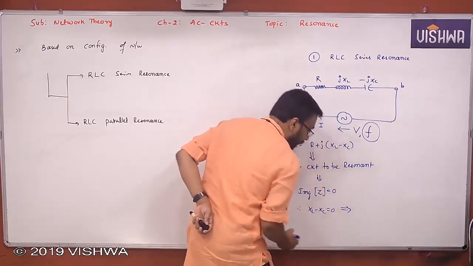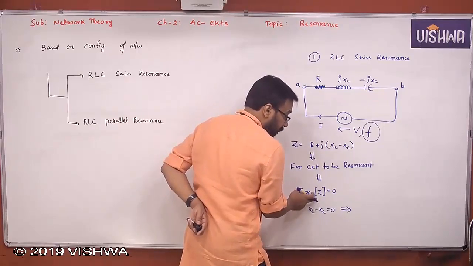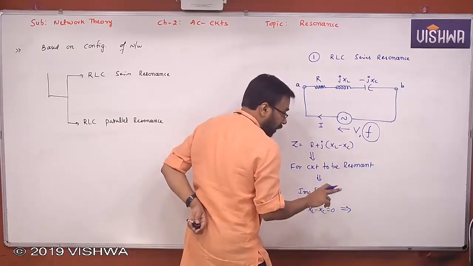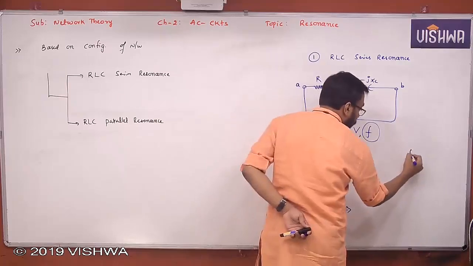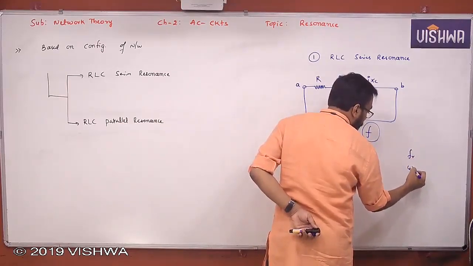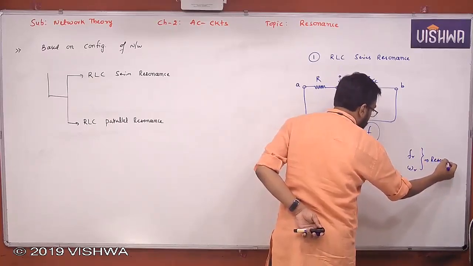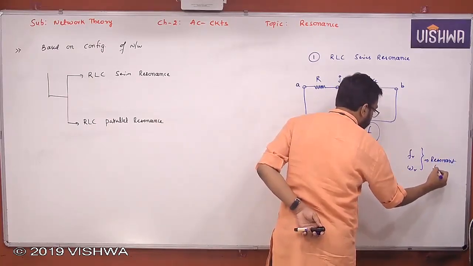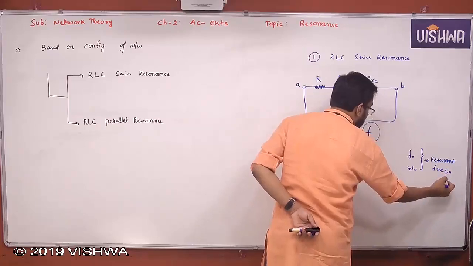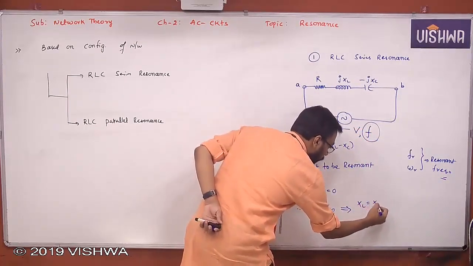The frequency at which resonance occurs is called resonant frequency. So I call it fR, or omega R. These are resonant frequencies, one in hertz, the other in radians per second. Now XL is equal to XC.